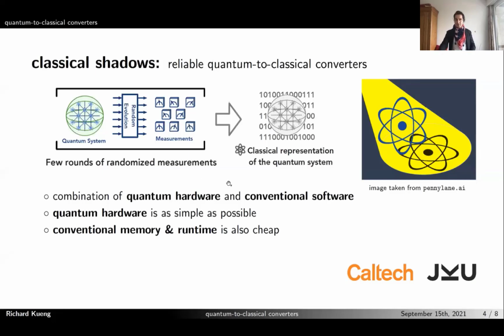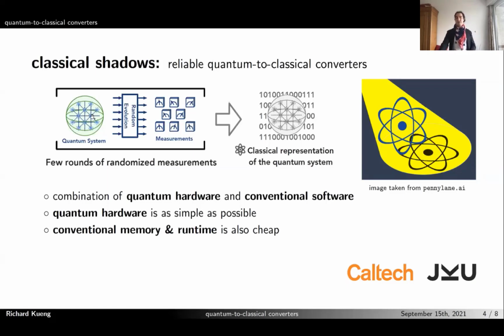And at the same time, we tried to make the classical overhead, when it comes to storing and processing the resulting bit strings, efficient and tractable in the sense that the memory cost and runtime cost only scale linearly in the size of the underlying quantum system, in the size of the quantum coprocessor.